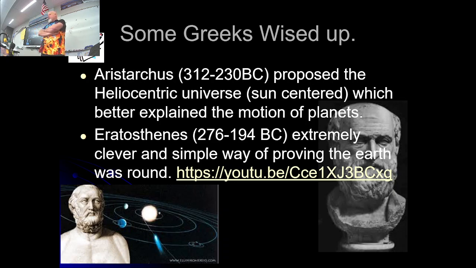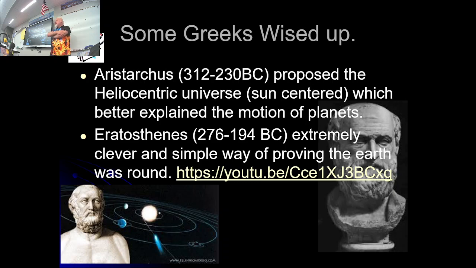But here's the deal. Eratosthenes, gosh, this guy's clever. Eratosthenes doesn't actually live in Greece. I know it says the Greeks, but the Greek government kind of extended out to Egypt at the time. Eratosthenes lives in Egypt, in a town called Alexandria.